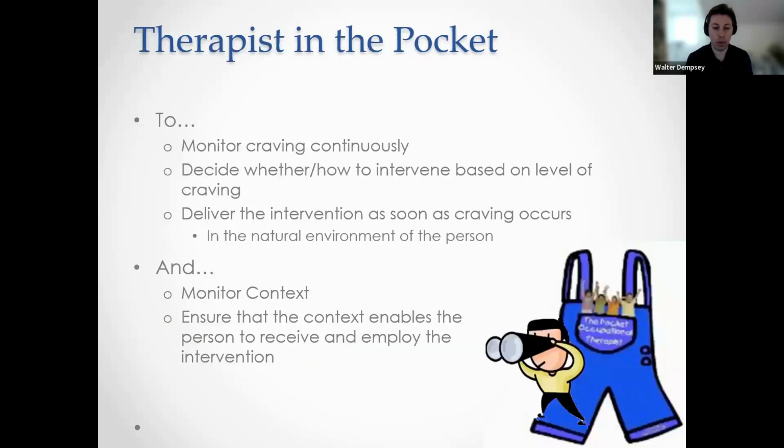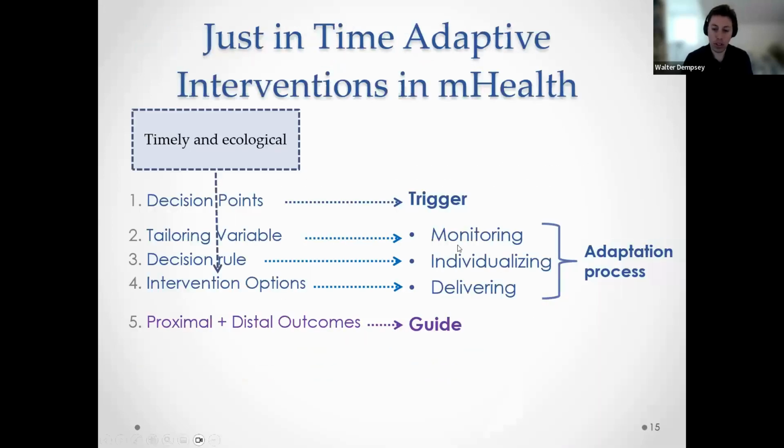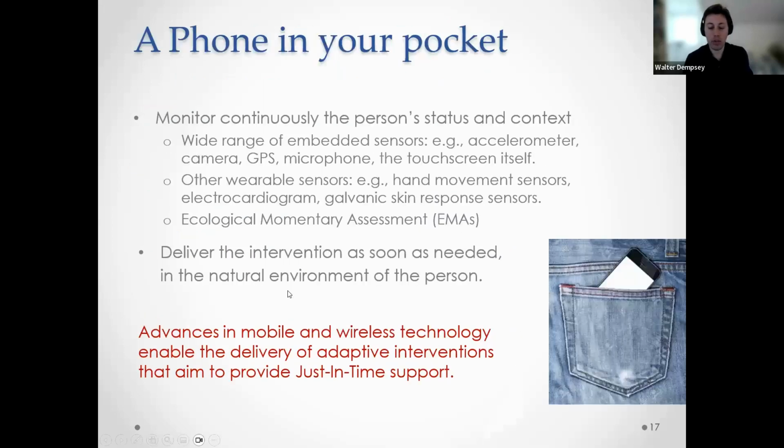But we also have, so just a point, go back 2 slides. Digital technologies allow you to monitor, but they also give you ways to deliver intervention options, right? And so the second way we use mobile health technologies is to deliver the intervention as soon as it's needed in the natural environment of the person. So mobile health technologies fulfill 2 roles in the context of JEDIs: the monitoring and the intervention delivery, okay?